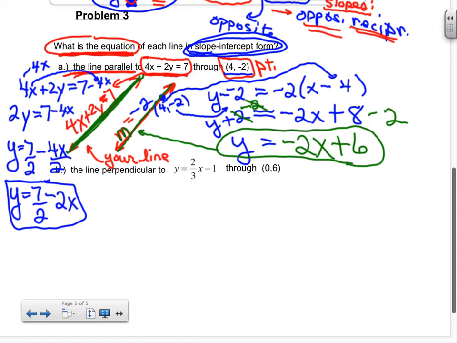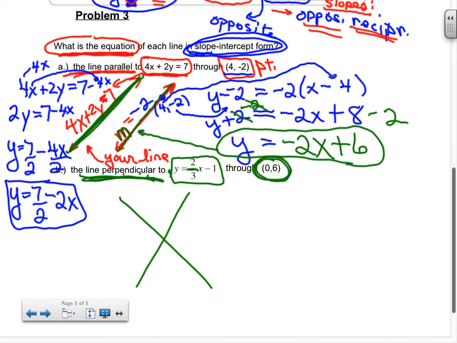All right, this time, write the equation of a line perpendicular to this line right here: y equals 2/3 x minus 1, going through the point 0, 6. You know, again, it's perpendicular. Well, just go like this. Draw two perpendicular lines.